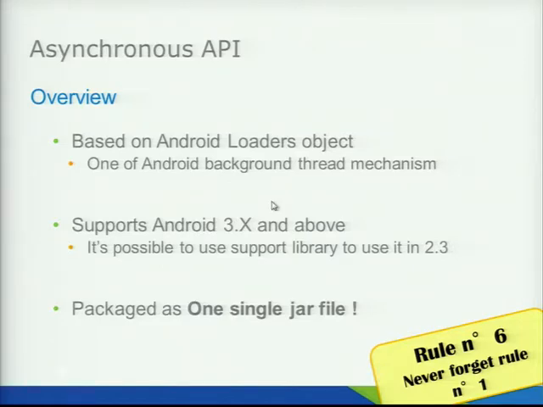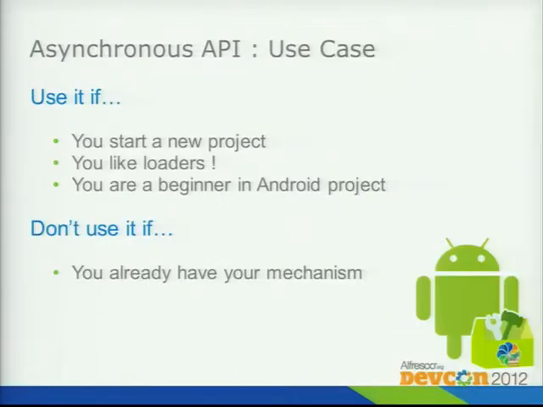And because we want to make it simple as usual, we also package it as one single jar file. You should use this API when you start a new project.